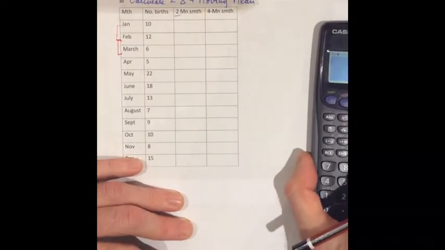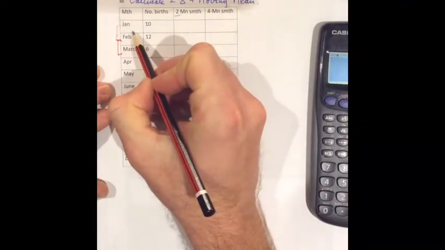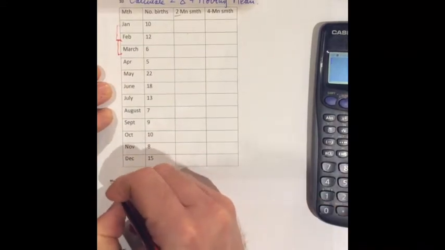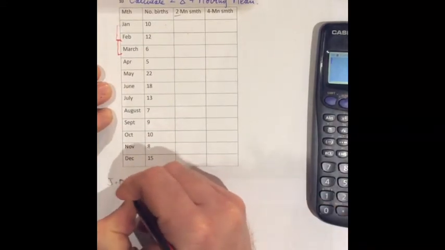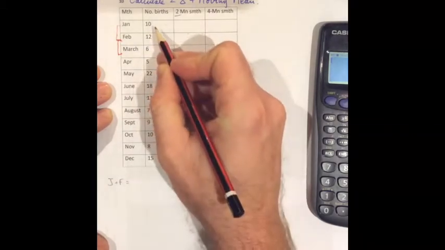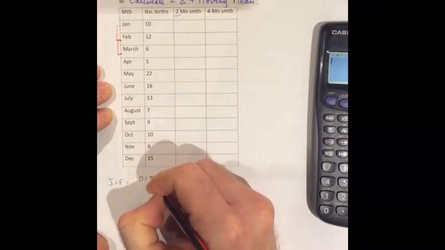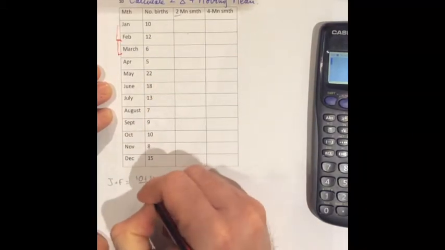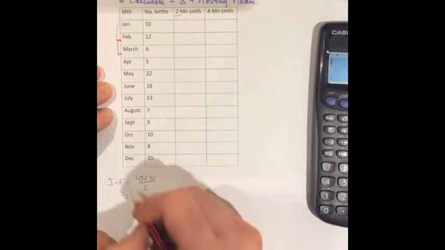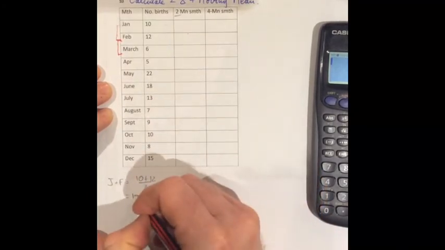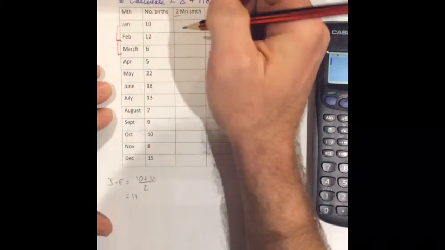So we end up with 3 data points that we're using. First thing we're going to do is work out the mean for January and February. So January and Feb, 10 plus 12, which is 22, divided by 2, which is 11.